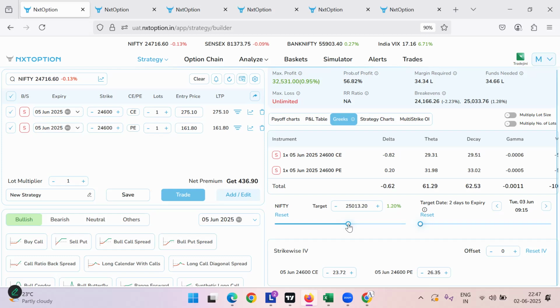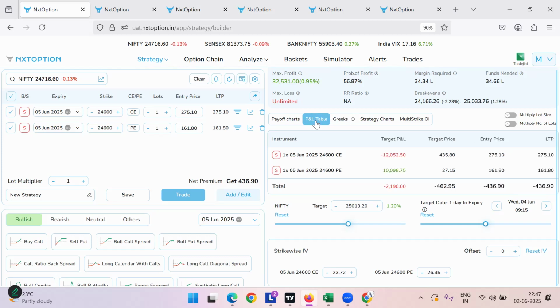Let's say market closes at 25,000 tomorrow. That time you have 1 day for expiry. You can see how much the premiums can change and what would be your impact on your portfolio.